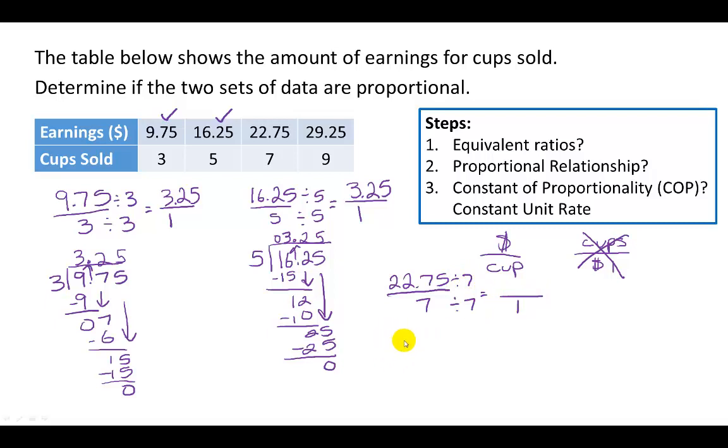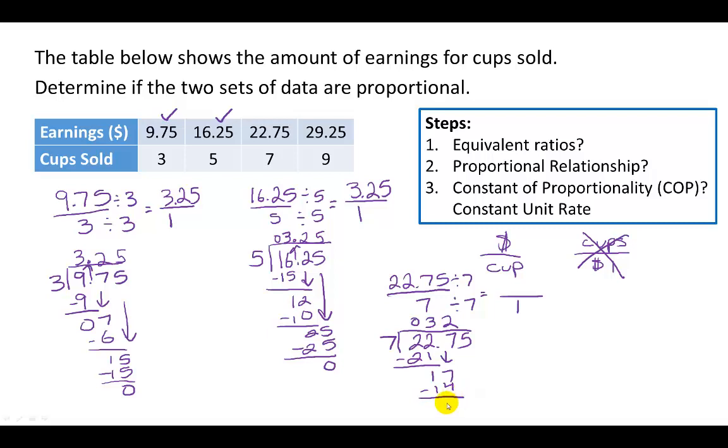And now we need to set up division. 22.75, our first number, goes inside. We have 7 on the outside. 7 goes 0 times into 2. 7 goes 3 times into 22. 7 times 3 is 21. We subtract and get a 1. Bring down 7. 7 times 2 would make 14.